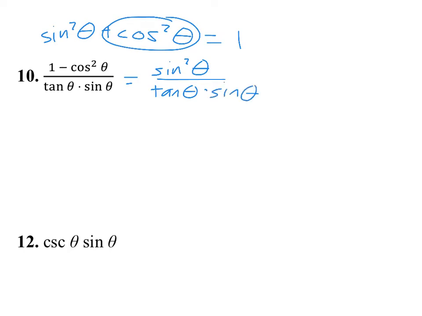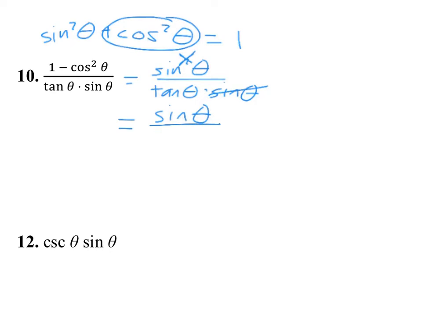And the next thing I notice is the numerator and the denominator both have sine theta. So if I cross this out, then I could cross out this square, so there's only 1 sine theta on top. So now it's sine theta.